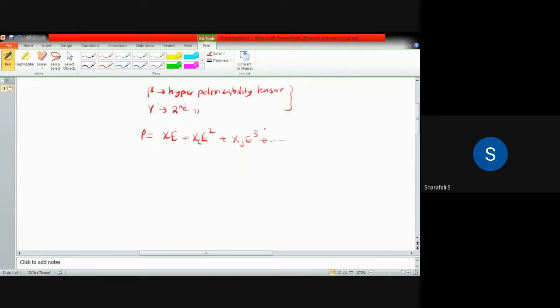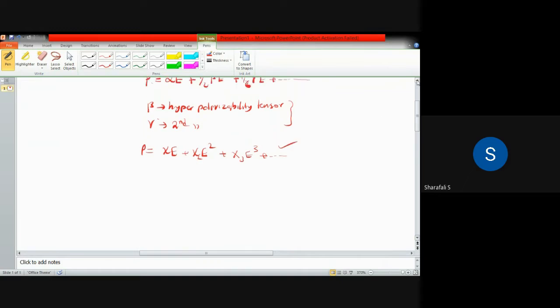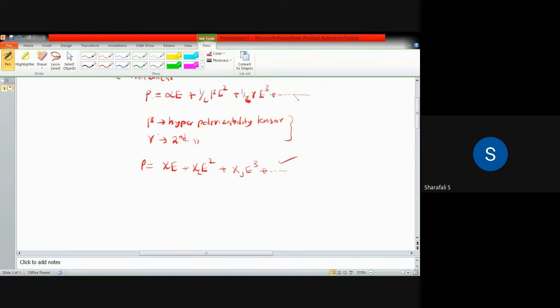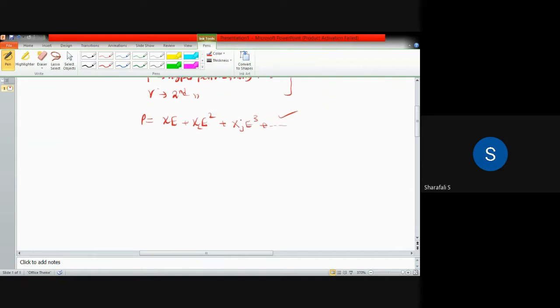This is also a conventional method of representing the same equation, and this first term is your polarizability.